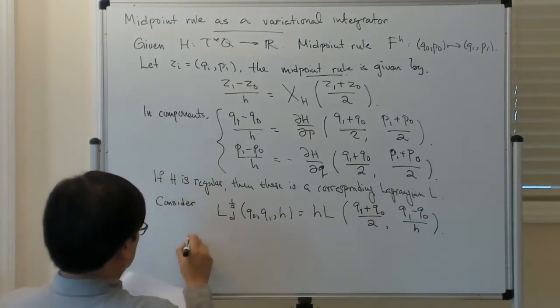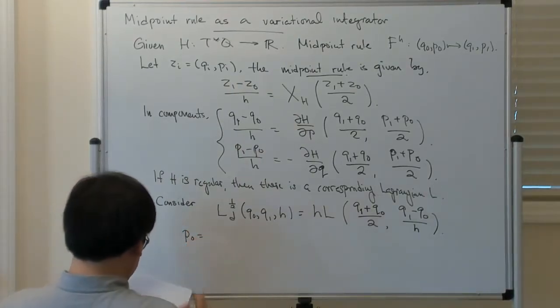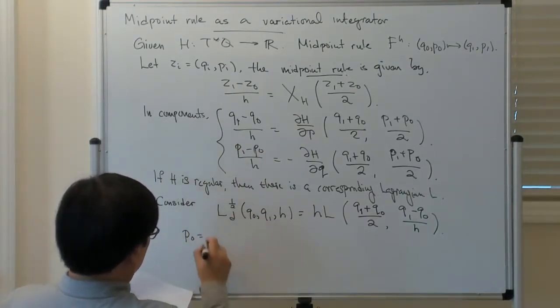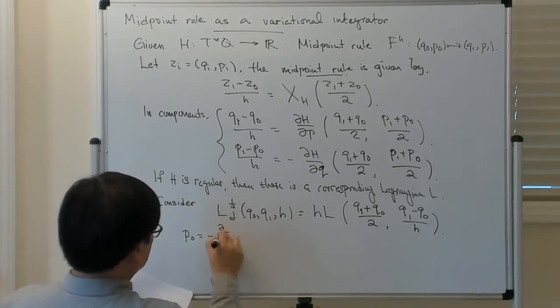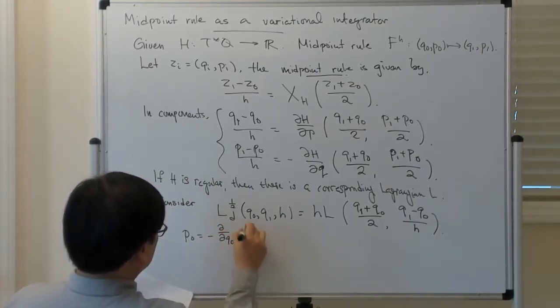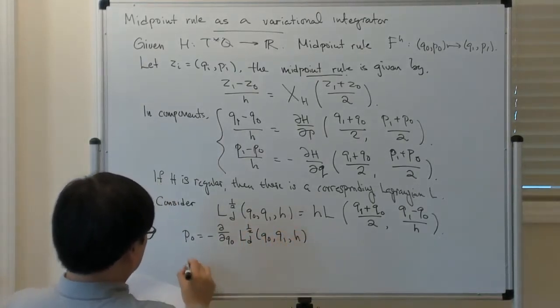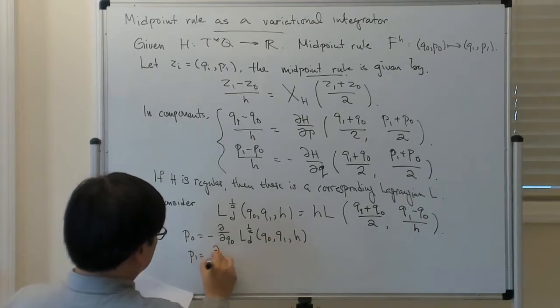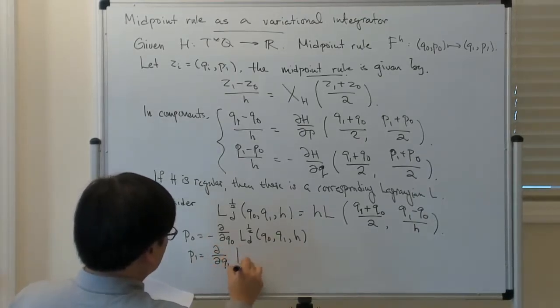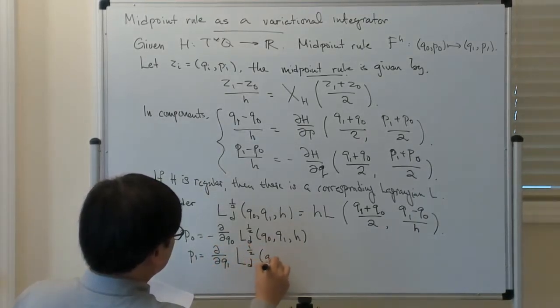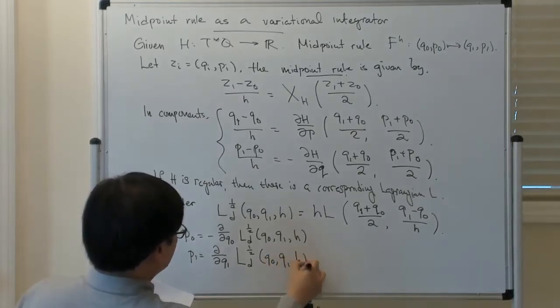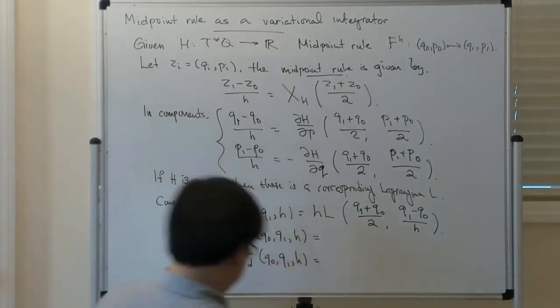Okay, so that tells you that P0 is equal to minus d_{Q0} L_D^{1/2}(Q0, Q1, h), right? And it's also P1 is equal to d_{Q1} L_D^{1/2}(Q0, Q1, h). And let's see what they correspond to.